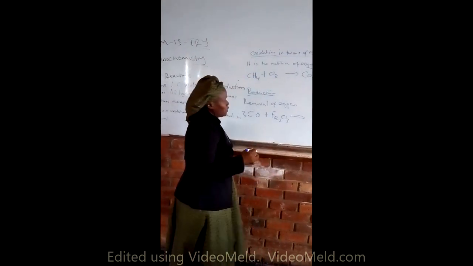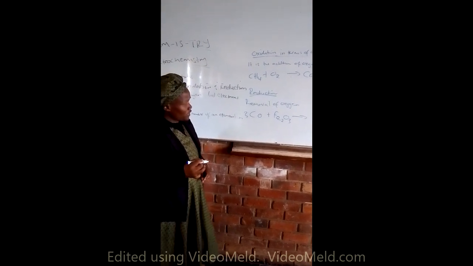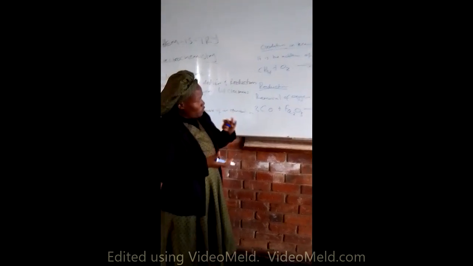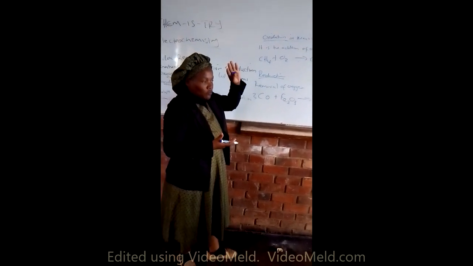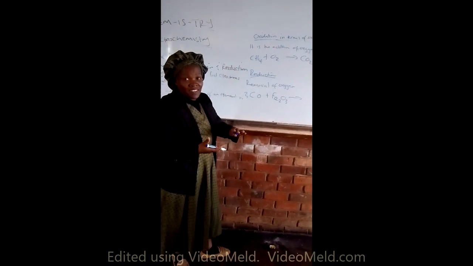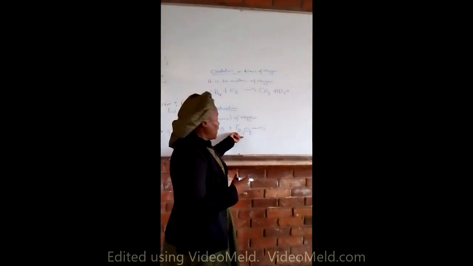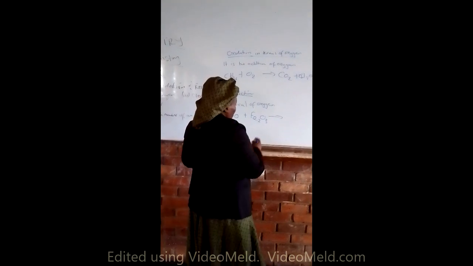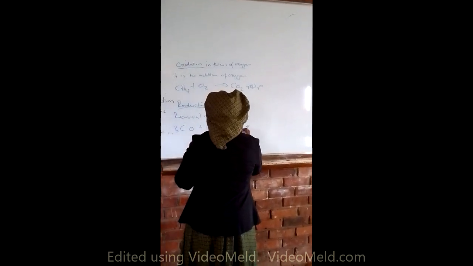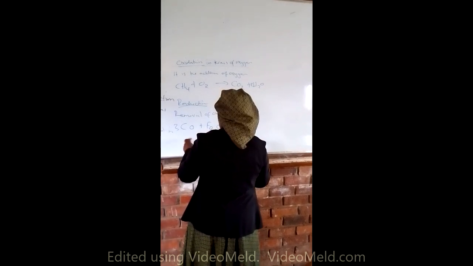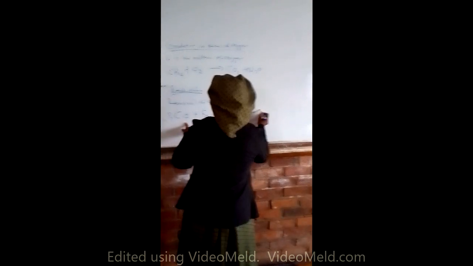Let's look at the extraction of metals which, when you look at the reactivity series, are not very reactive. They are not at the top and neither are they at the bottom. They are in the middle of the reactivity series. Examples like iron oxide. We can obtain iron from the oxide by reacting with carbon monoxide.